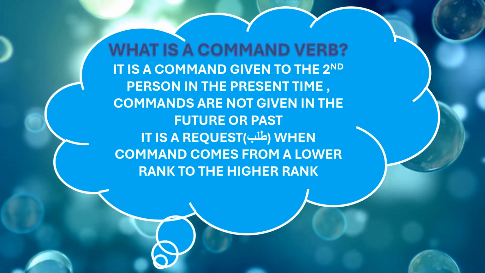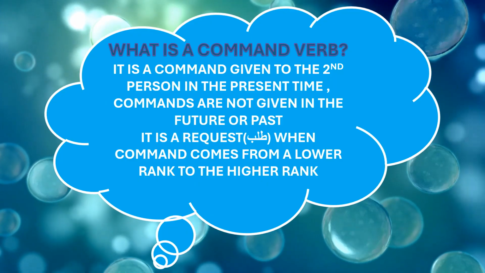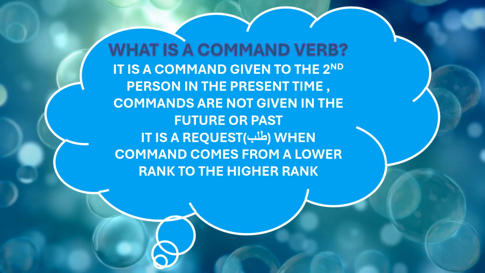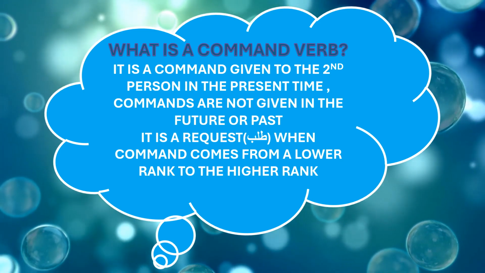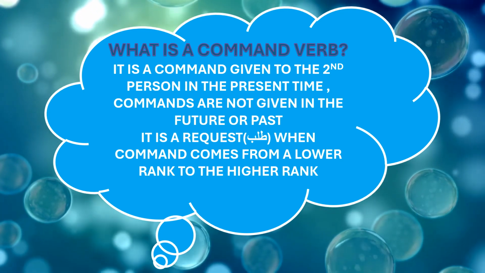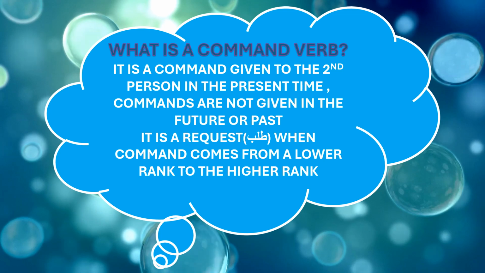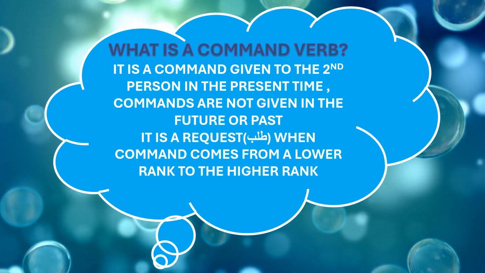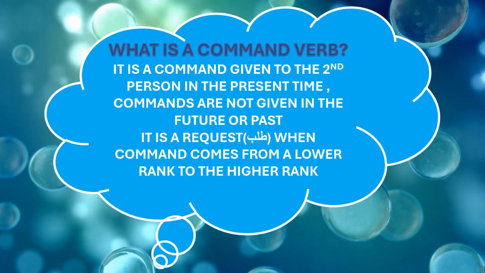What do you understand by a command verb? A command verb by meaning is asking to fulfill an action from a person in front of you in the present time. The command is not done in the future or in the past. It is only done in the present time.